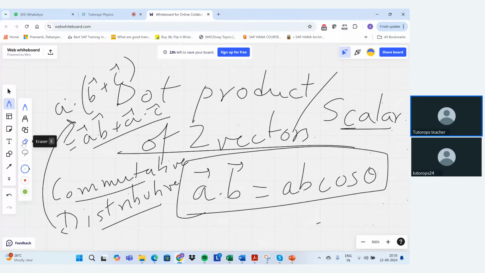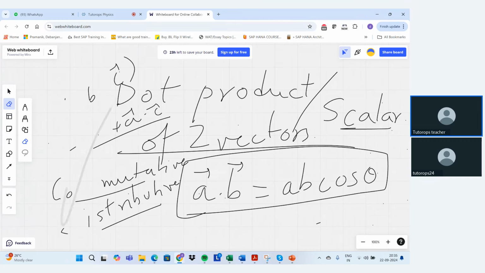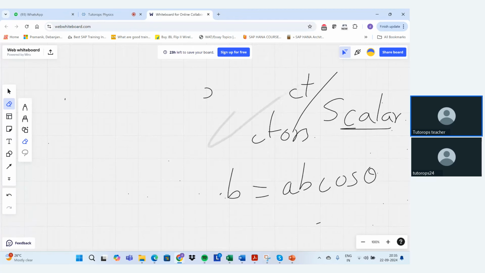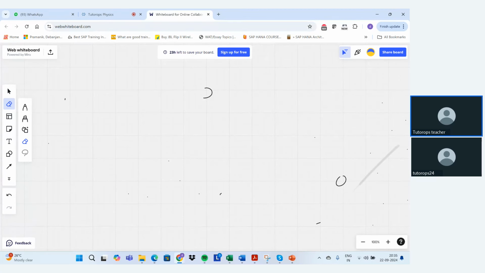Clear? So now what is the other property, the last one? It is the cross product, or vector product, of two vectors. The earlier one was called the dot product, and this is the cross product.